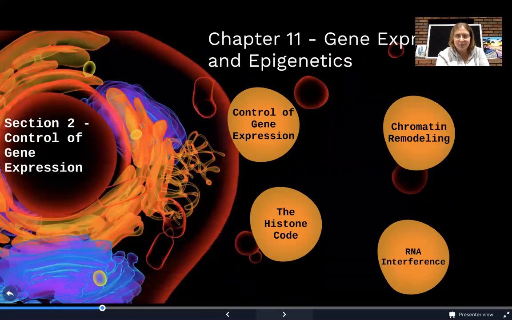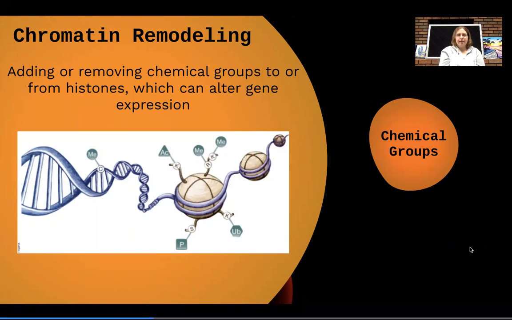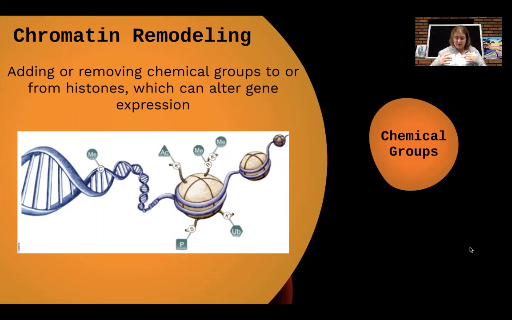All right, so chromatin remodeling. In the last section, we mentioned that there are these chemical groups that associate with the DNA, and changes to these chemical groups can affect whether or not genes get transcribed. So again, here's our DNA. These groups are actually on the histone, but we like to say they associate with the DNA because the DNA is wrapped around the histone.